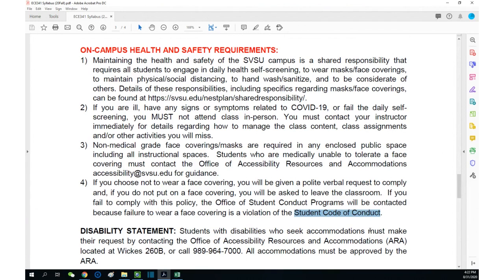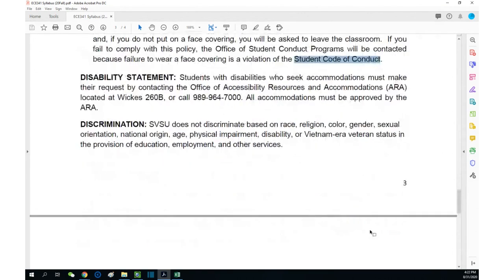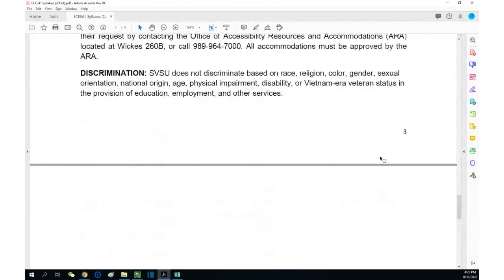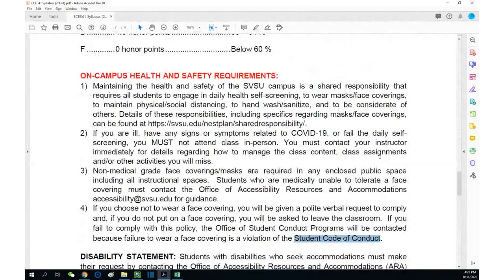So it sounds very serious. Some accommodations you could seek from other offices. Right. So the syllabus.